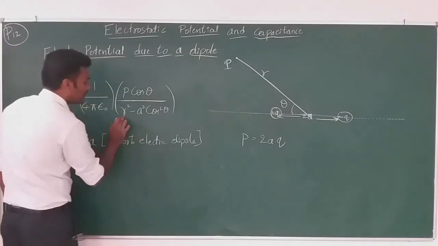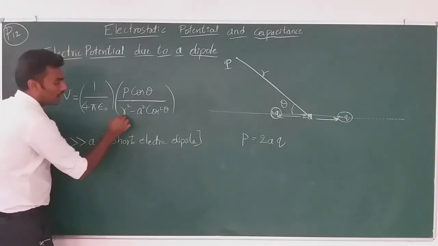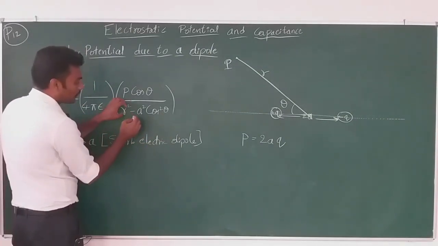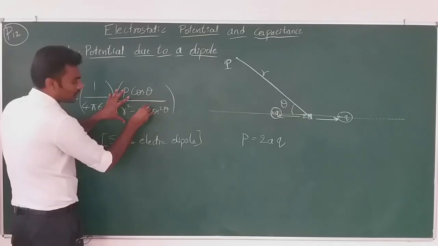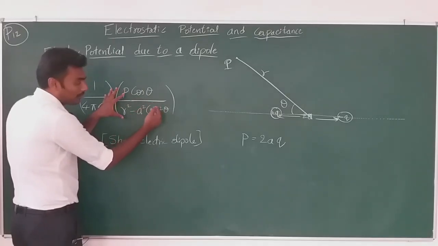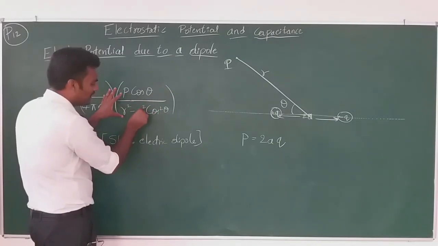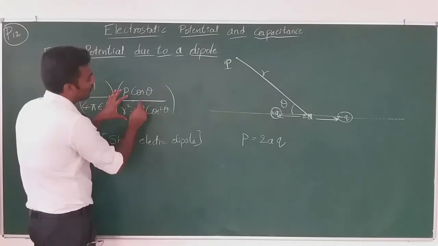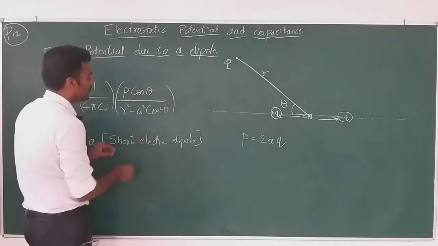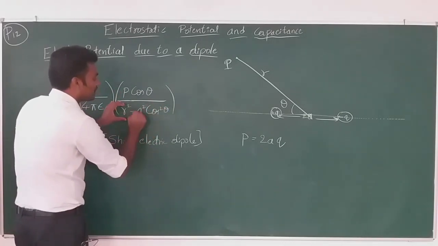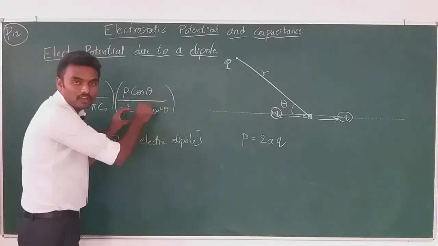See, when r is very much greater than a, out of these two, r squared dominates a squared cos squared theta, because the maximum value of cos squared theta is 1 and a squared is very small. R squared will be dominating the term a squared cos squared theta. So we can neglect this part of the expression, a squared cos squared theta.